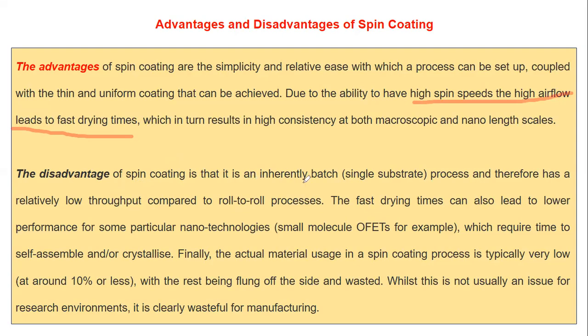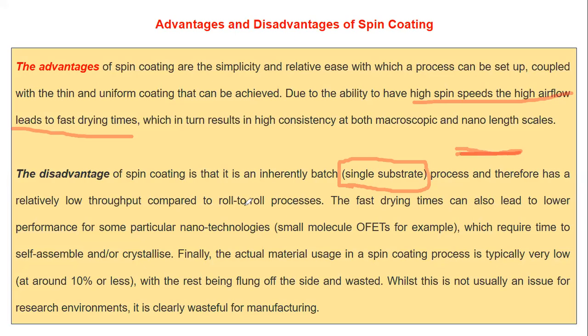And the disadvantage of spin coating is that it is inherently a batch process, a single substrate, so we can deposit a single layer only. It is difficult to deposit a uniform layer of any other material also. If we plan to deposit one more layer, it is difficult because somewhere the part is not achieved perfectly, or uniform speed cannot be possible here.